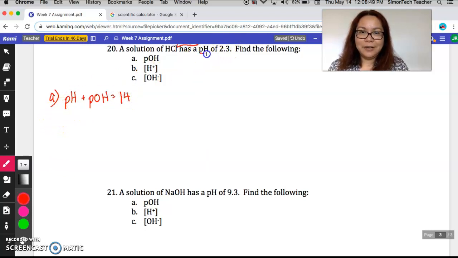We're already given the pH of 2.3, so let's plug in the value of 2.3 in this equation: 2.3 plus the pOH equals 14.